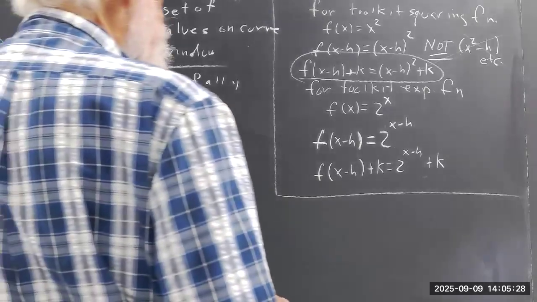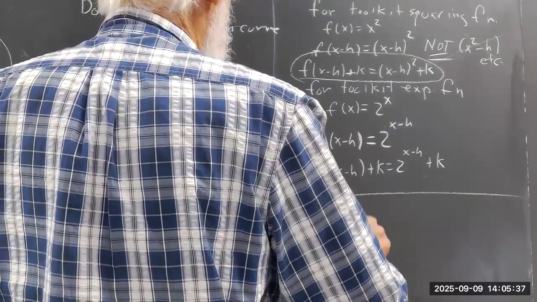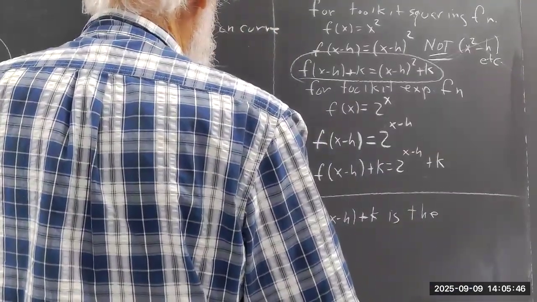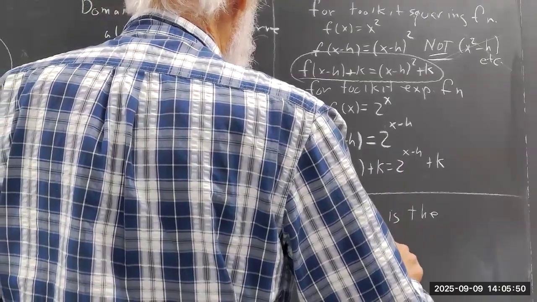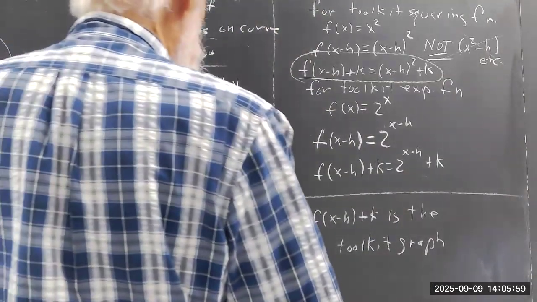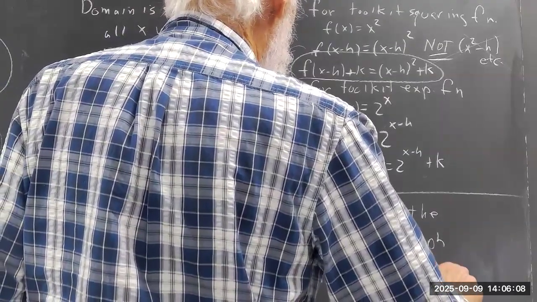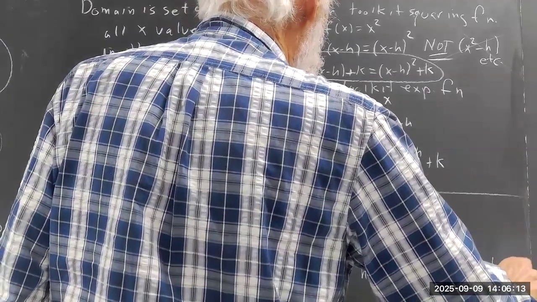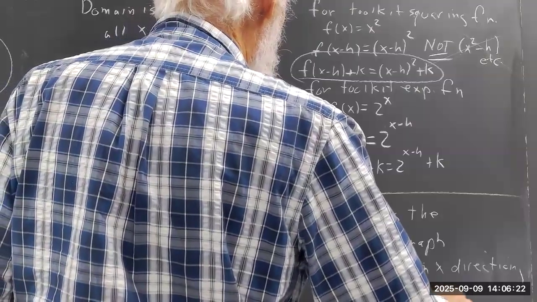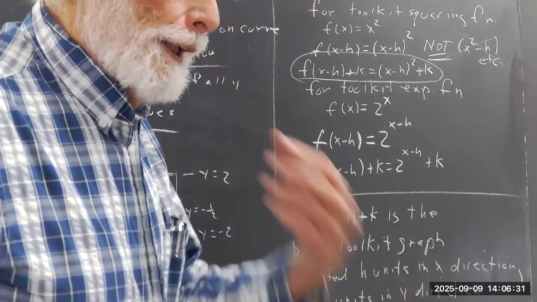And then the graphs of these functions, to give you a little extra, f of x minus h plus k is the basic toolkit graph shifted h units in the x direction, k units in the y direction, so that the red dot ends up at h, k.